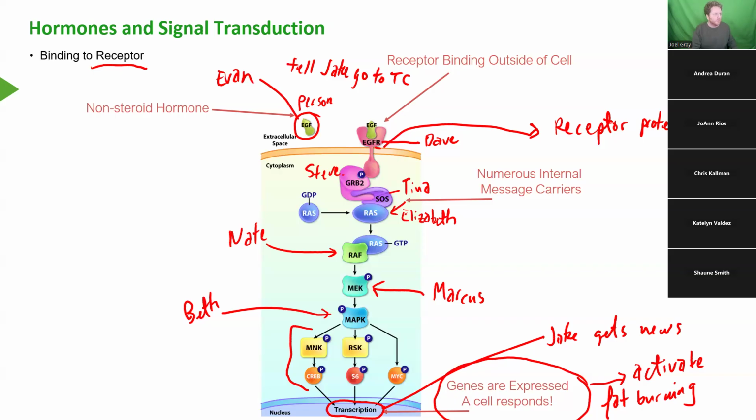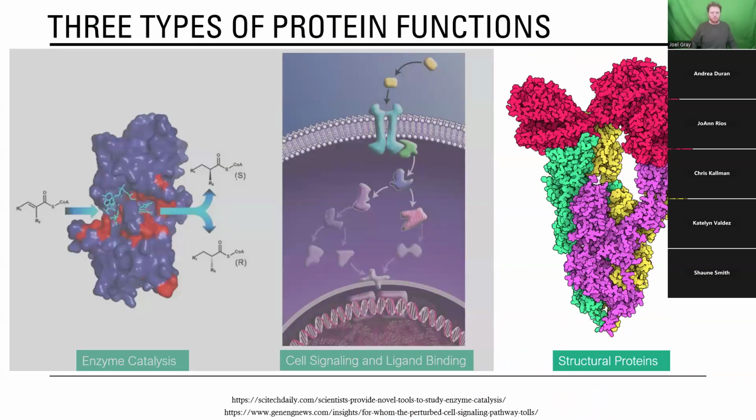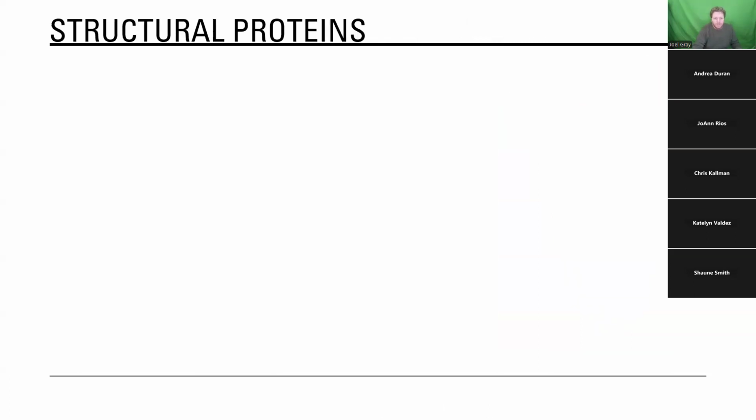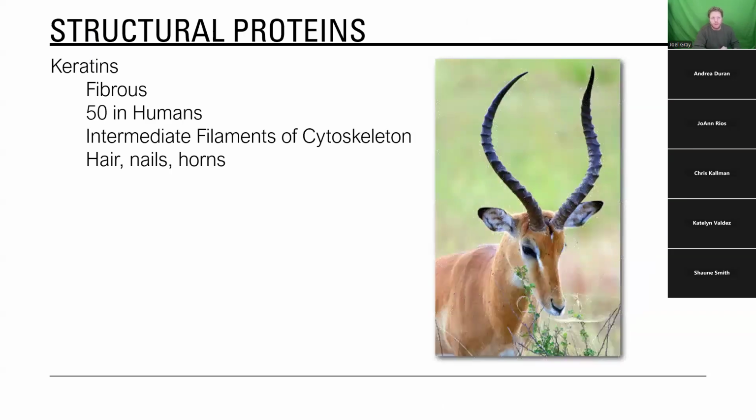Okay. So, moving on from there, that's signal transduction, basically the way in which signals are communicated within a cell from outside to inside. Now, next up in our last type of proteins, structural proteins. Keratin is an example of a structural protein.